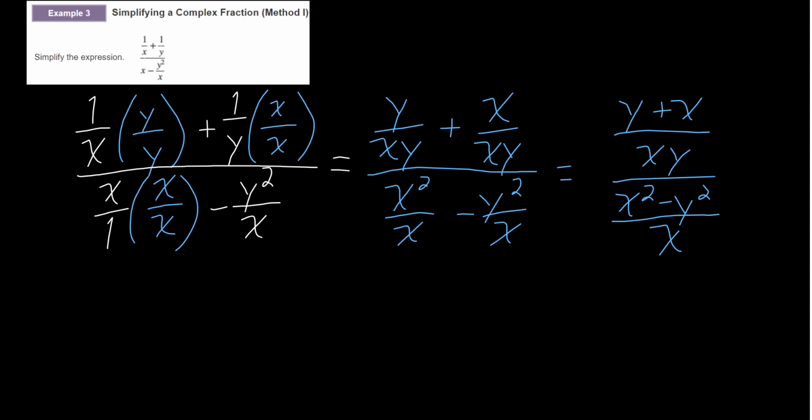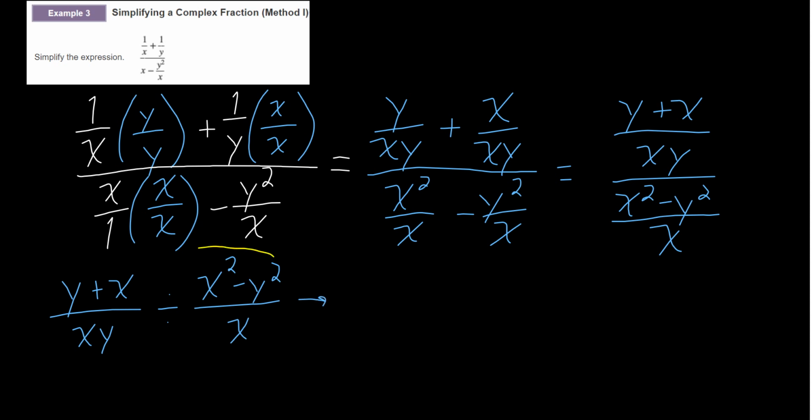So let's go ahead and write this in our division that we're used to. So let's do y plus x over xy divided by x squared minus y squared divided by x. Okay, and again, you don't necessarily have to write this step, but I do it just to be abundantly clear, right?